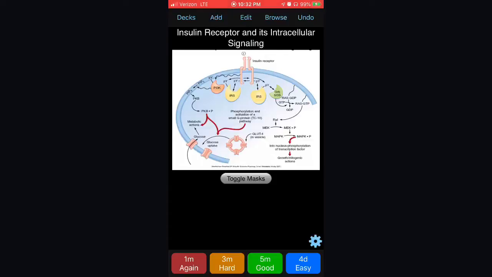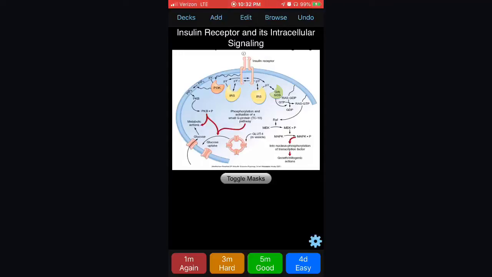So the insulin receptor leads to GLUT4, of course. And then the increase in glucose increases metabolic actions. And then you have GLUT4 in the vesicle. So you have the glucose transporter. The glucose transporter has to go to the surface of the cell in order to allow for glucose uptake.